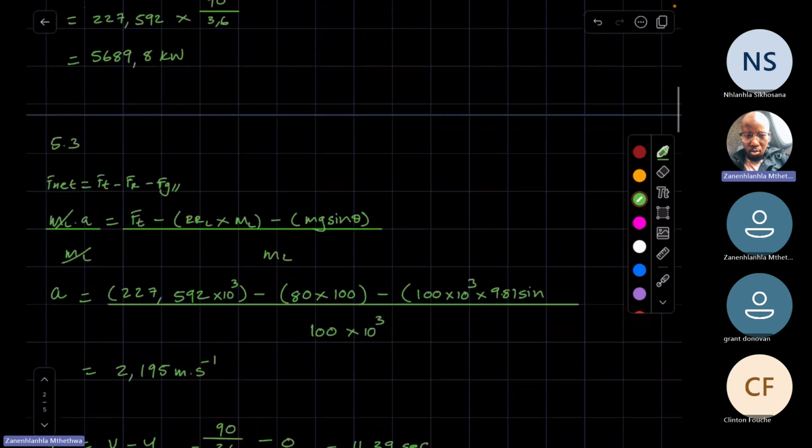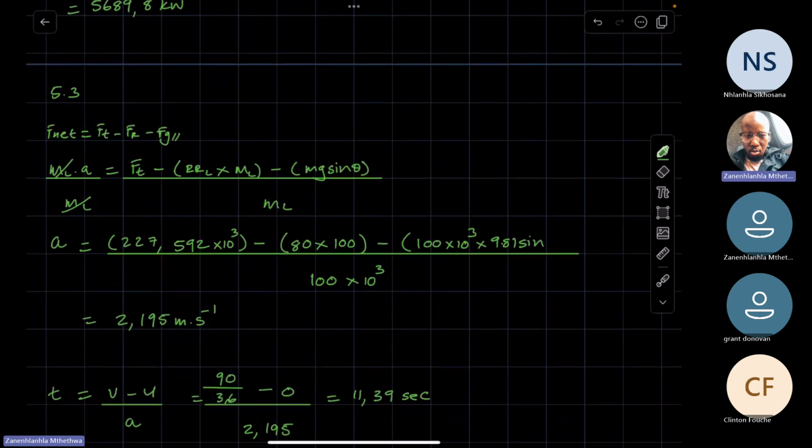This is supposed to be sine 0.458. Even this is wrong. Okay, so let us calculate this quickly.